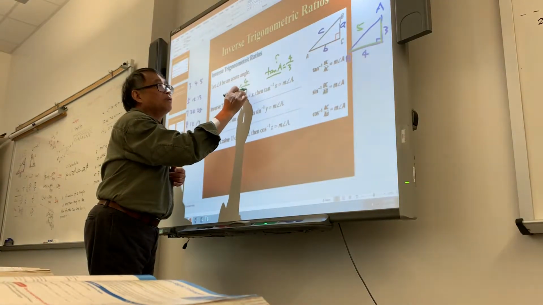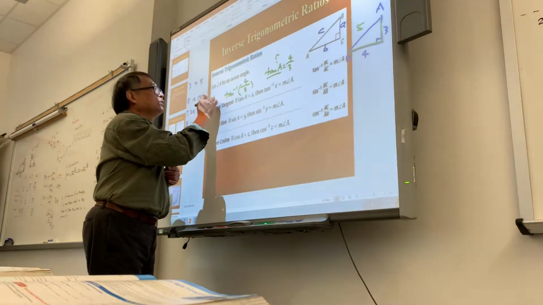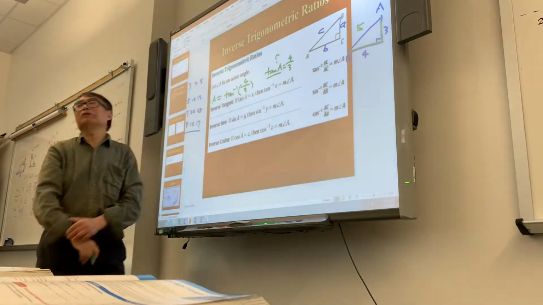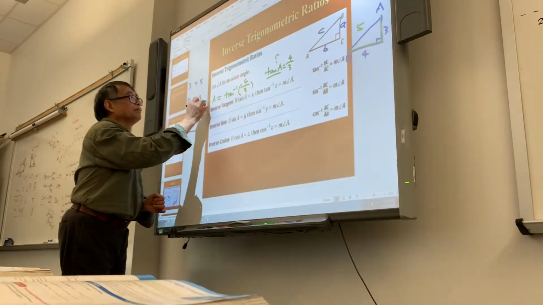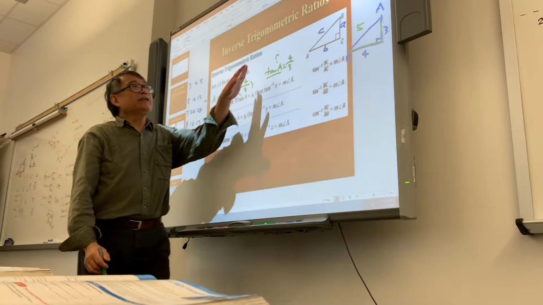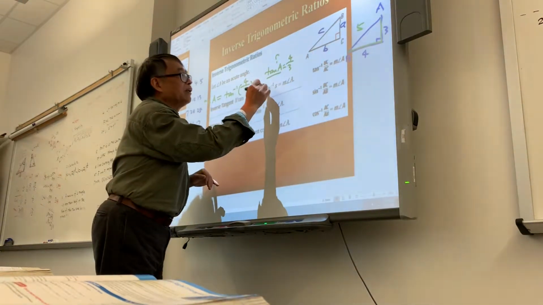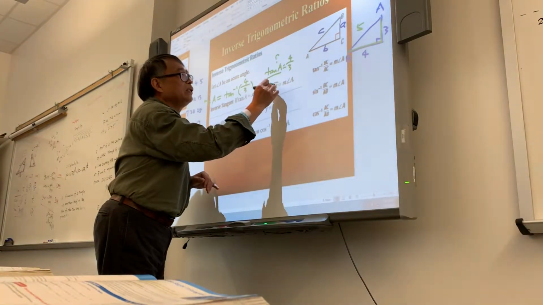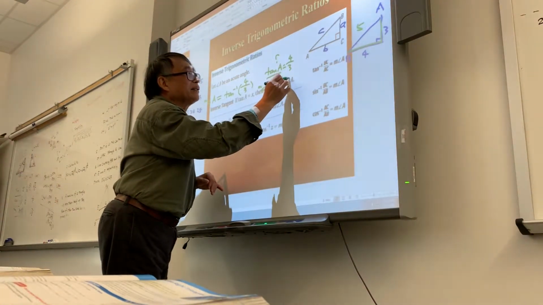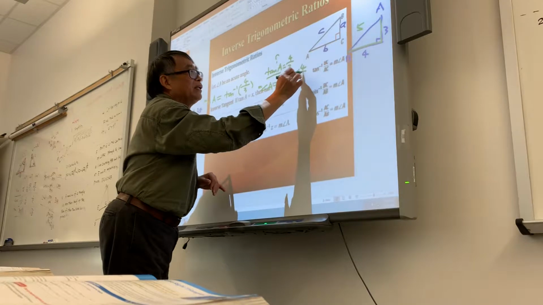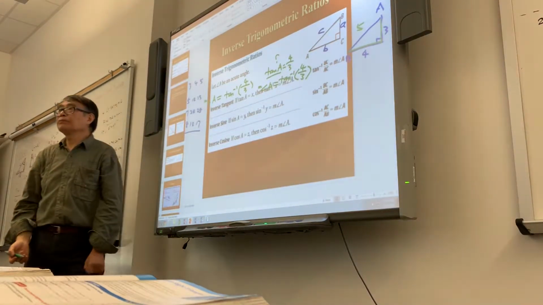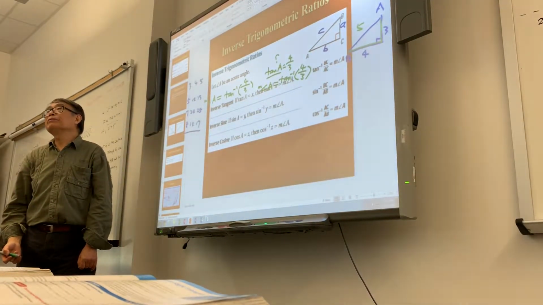Arc tangent of 4 over 3 equals angle A measurement. So you can see tangent A equals 4 over 3. So angle A measurement equals arc tangent 4 over 3. You understand me, please? Yes.